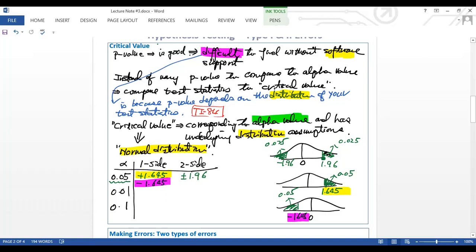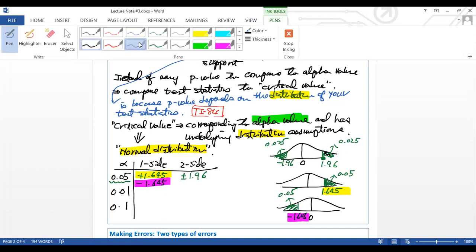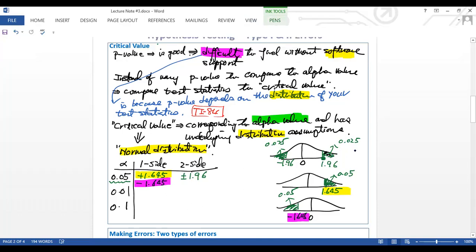For 0.01, that means these areas here, instead of 0.05, are 0.01.